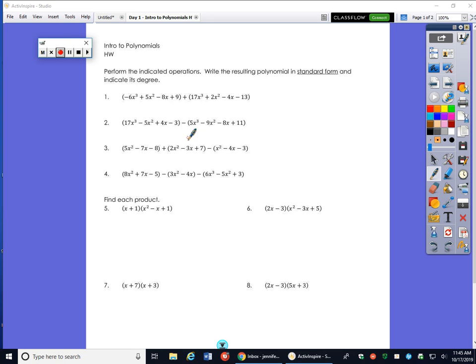All right, so the first one, you can only combine like terms. So we're going to do negative 6x to the third plus 17x to the third is 11x to the third. And then if we look for the x squareds, we have 5 plus 2, which is 7x squared. And then we have negative 8x and negative 4x is negative 12x.